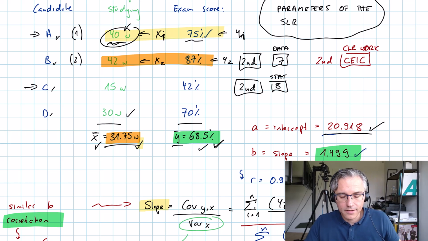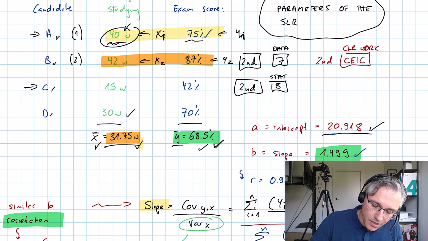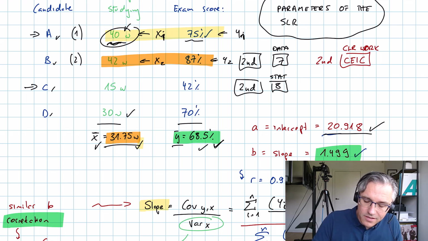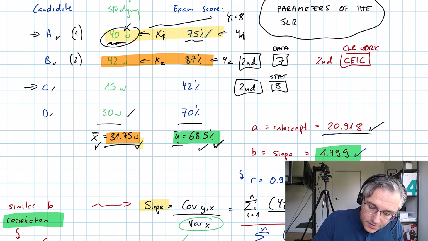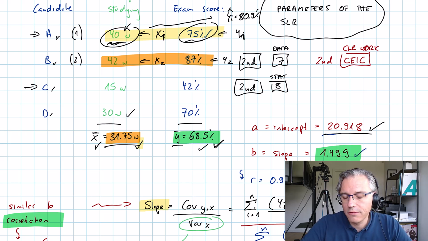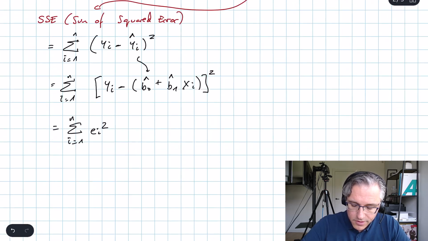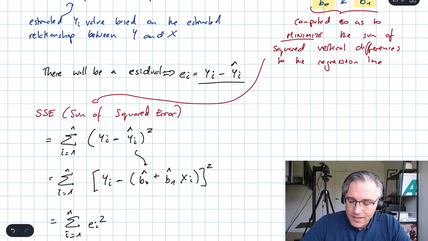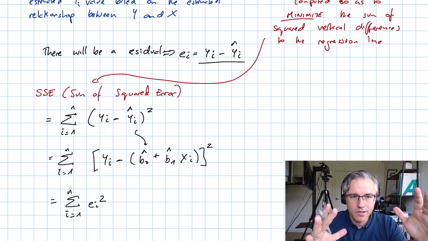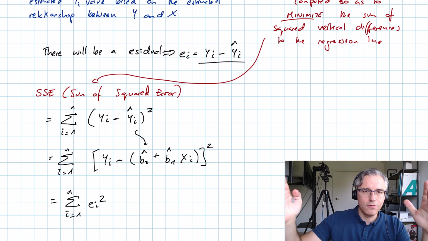I'm just showing what would happen if, as xi, we had 40 weeks. We should get a predicted score of something like 80.9%. However, candidate A only had 75. There is a difference between the actual observed value and that predicted by the regression model. That's what we mean by the residual. However, it is this specific intercept and this specific slope that allow us to minimize the sum of the squared differences across the 4 candidate scores.